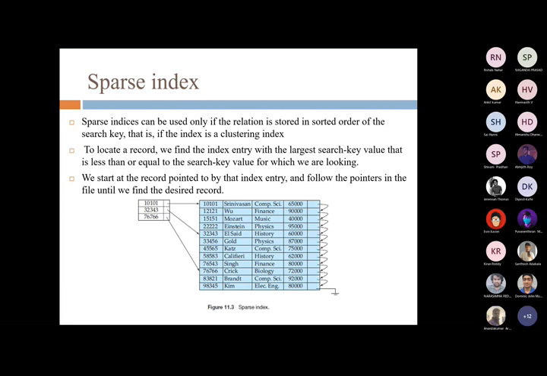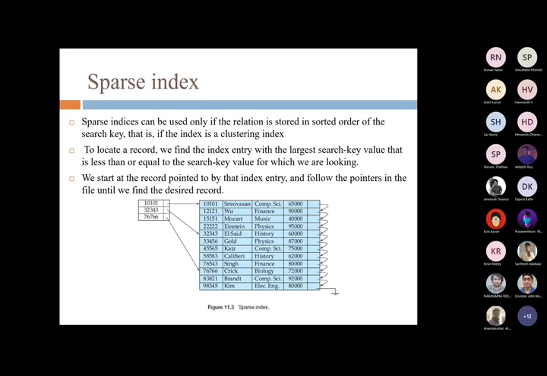So clustering means you are going to group similar data points together, right? So to locate a record, we find the index entry with the largest search key value that is less than or equal to the search key value for which we are looking, right? So for example, you want to access the record with the instructor ID 22222, right? So you are going to find the index entry with the largest value that is less than or equal to the search key value.